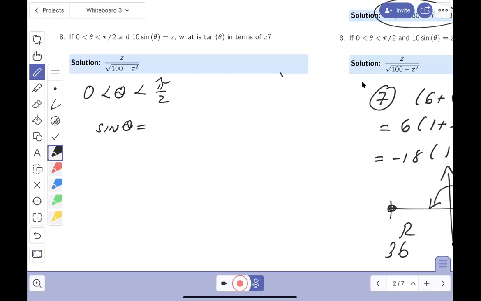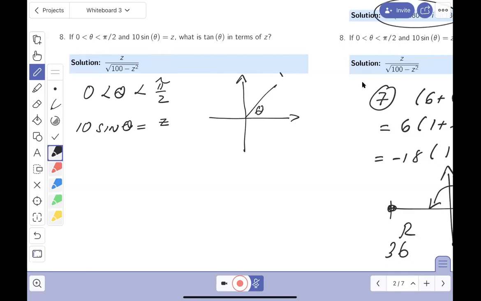I'm looking at it is z, right? 10 sine theta is z. So I guess I'm going to draw a picture of that. And I'm always going back to pictures because I'm getting confused by the question, right? Picture looks like this. And theta is in the first quadrant between 0 and 90 degrees. Ballpark it, maybe something like this over here.